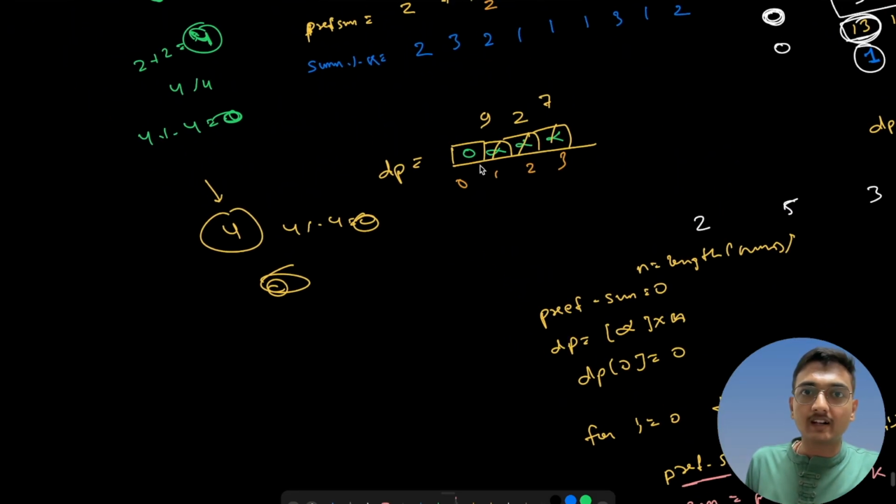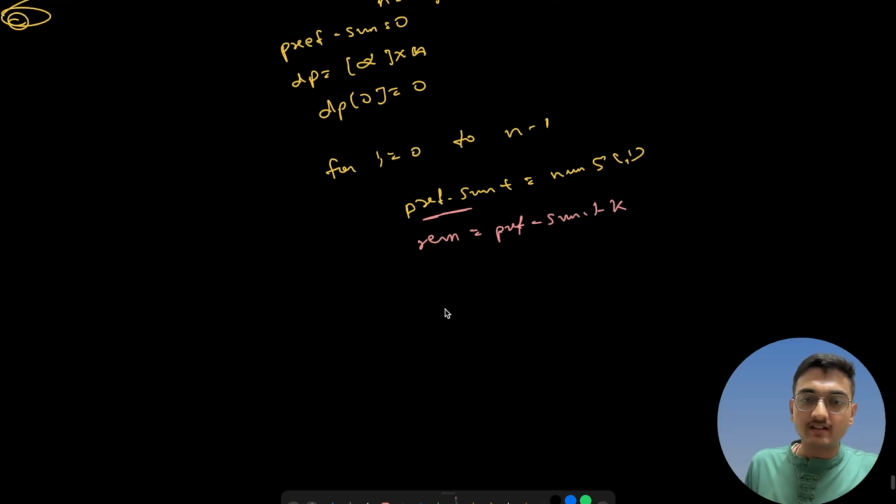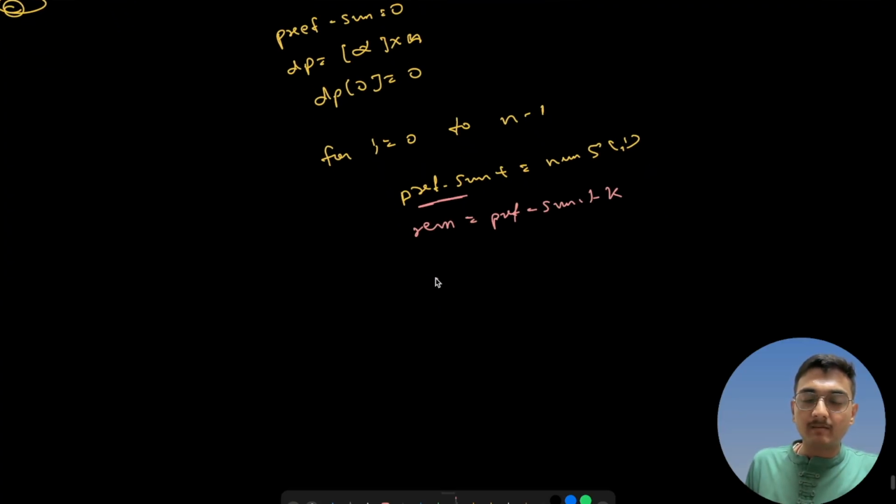Now what is the next thing? I need to just compare. Did I see this remainder previously? So I can directly update it something like this: prefix sum equal to minimum of my current prefix sum, comma, dp of remainder. What does that mean?